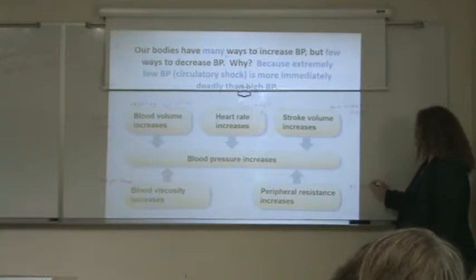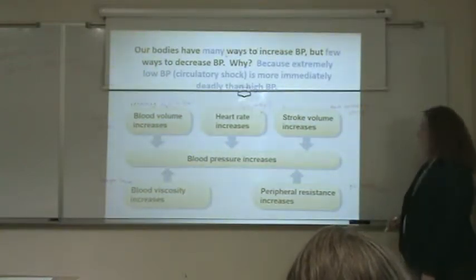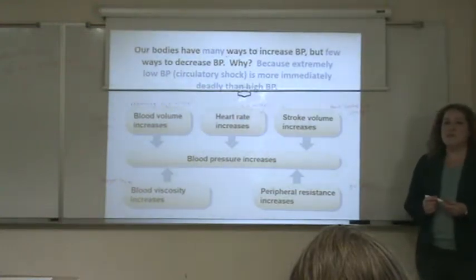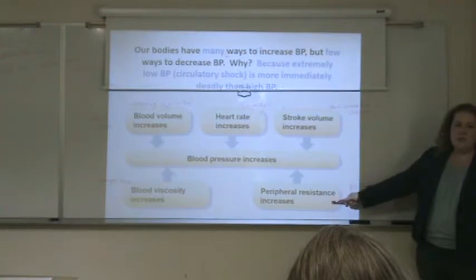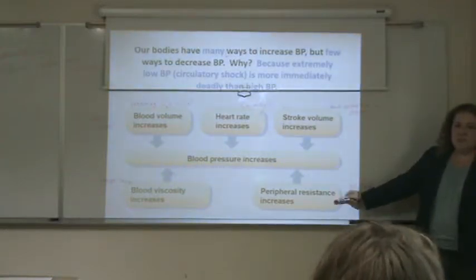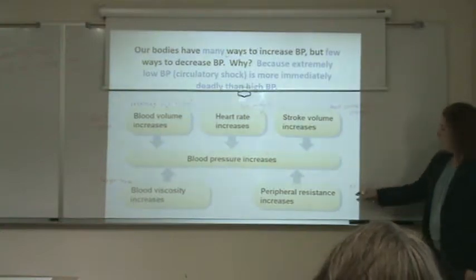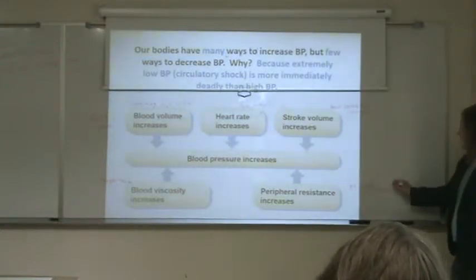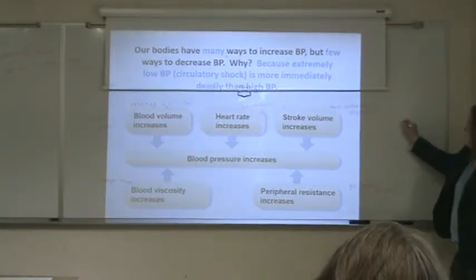This is where the blood vessel length and diameter comes into it. I don't know why it can't be called blood vessel length and diameter. It's called peripheral resistance, but that's what it means. So your blood vessel length and your blood vessel, actually the diameter, can change short-term or long-term.